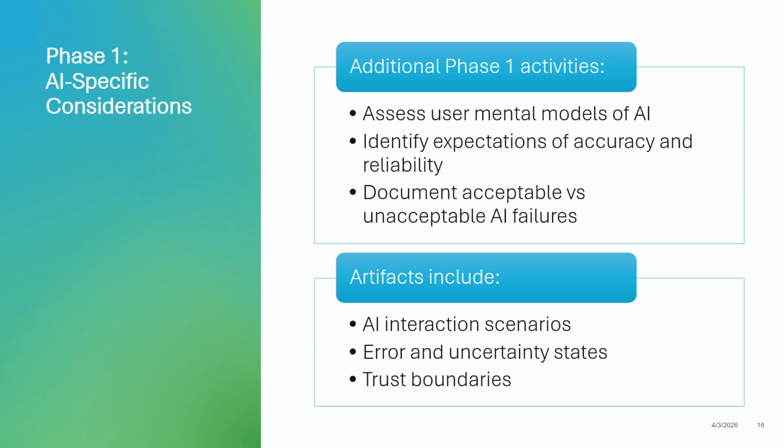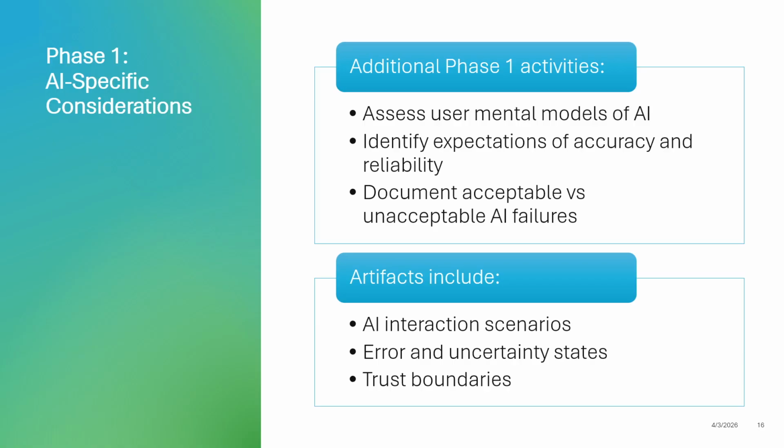Then there are specific considerations I want you to think about when we are using AI in that phase one. What is the user's mental model of the AI? What does the user understand about the AI, what are the expectations, and how is the user going to interact with it?